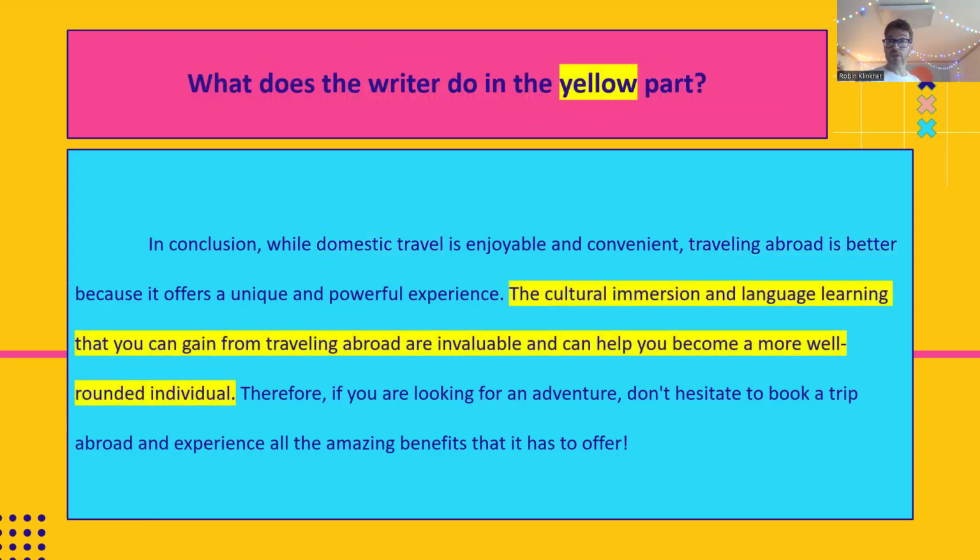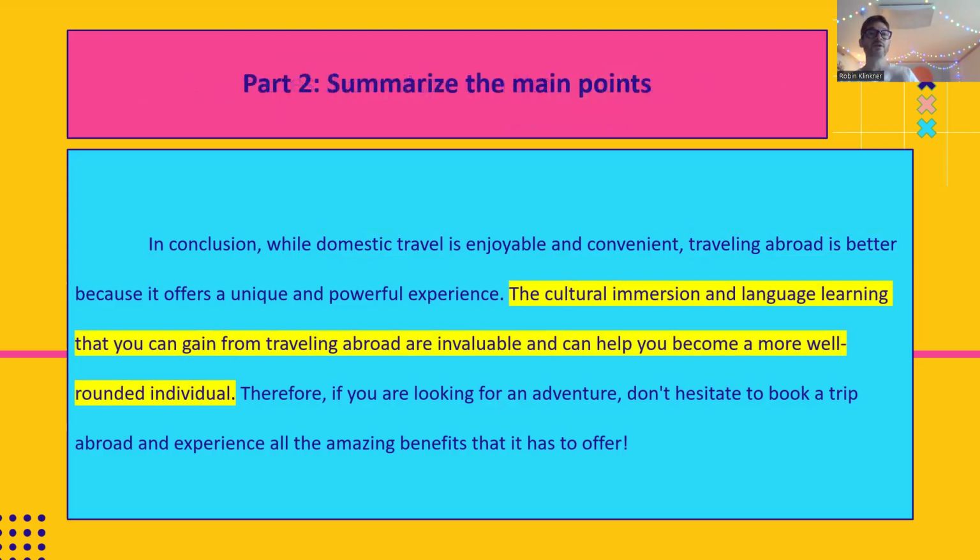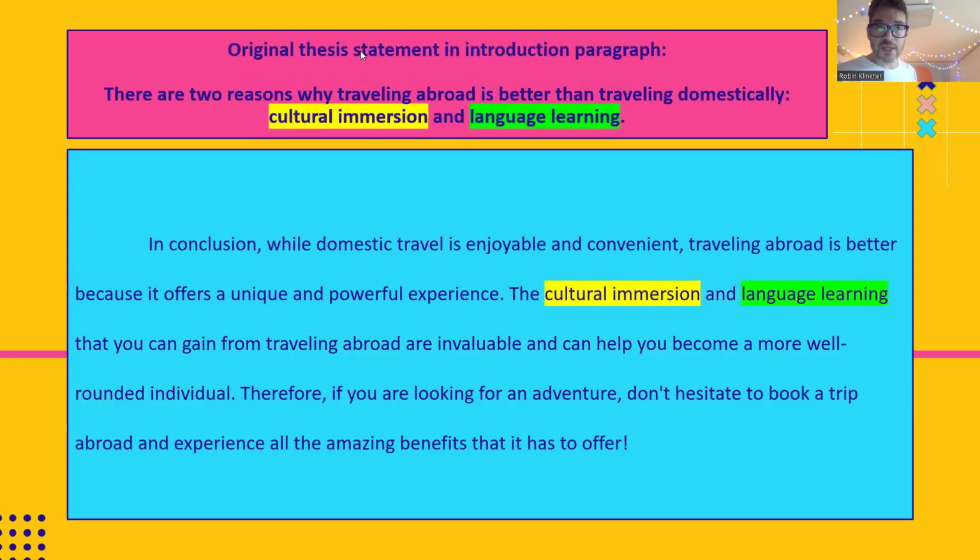What does the writer do here? What's the second part of a concluding paragraph? I know you know the answer. It is summarizing the main points of the body paragraphs. So the cultural immersion and language learning that you gain from traveling abroad are invaluable and can help you become a more well-rounded individual. Once again, here's the original thesis statement.